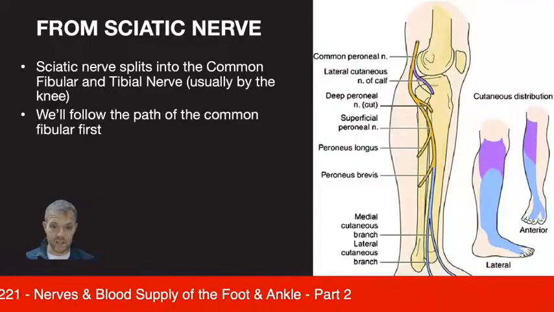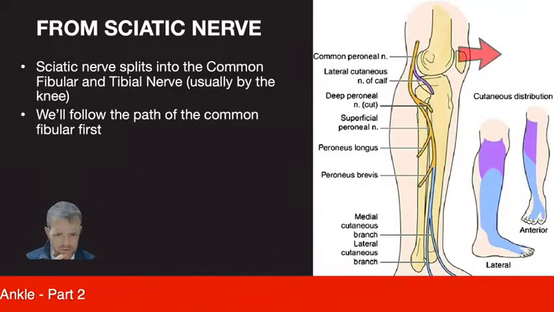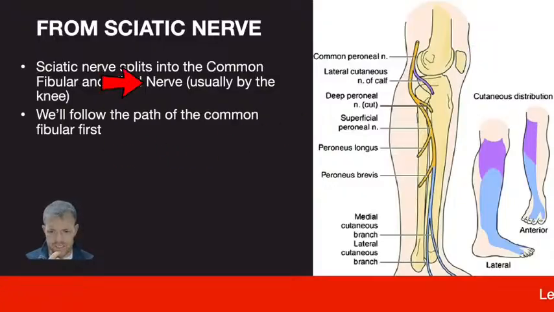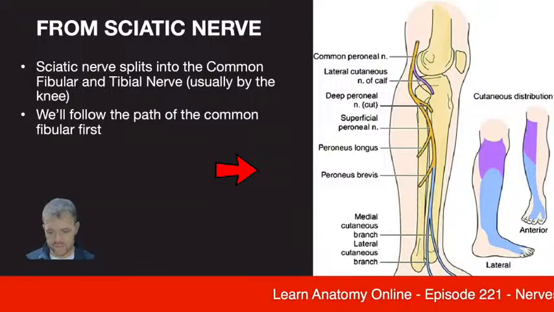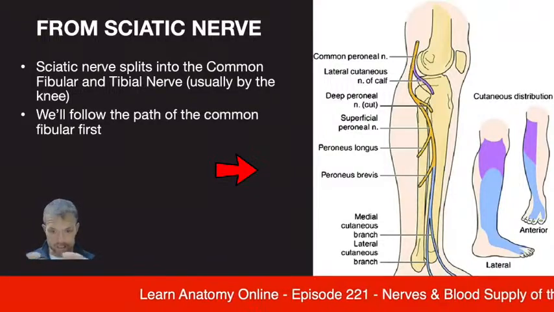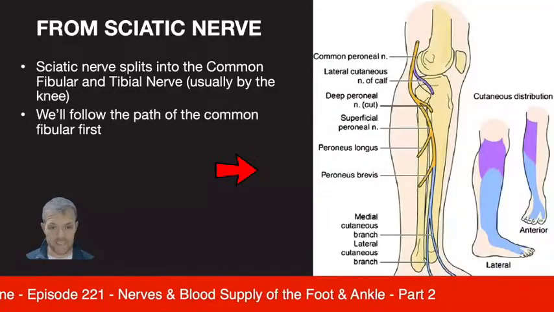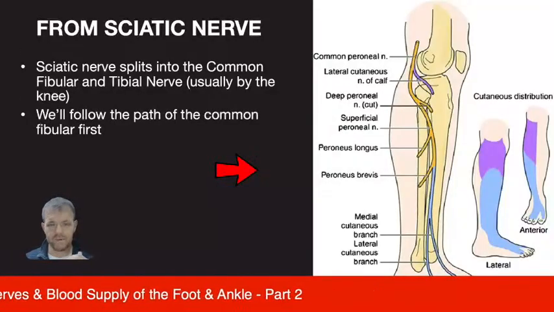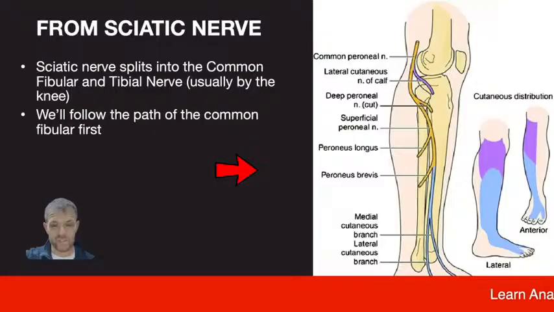So yeah, last time we looked at the sciatic nerve and the fact that it's two nerves that split. In your textbooks, it says it splits around the knee or just above the knee, but it can split as high up as the sciatic notch, which is an area in the pelvis.